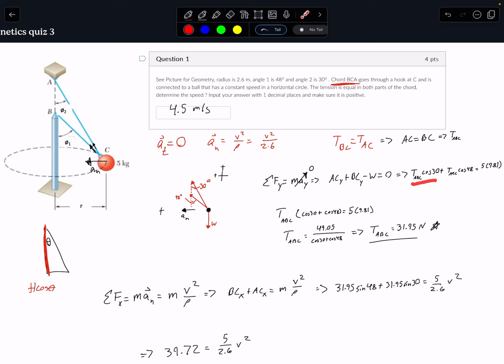It doesn't really matter which order we put, because tension is the same in both. Then that is equal to the weight, which is the mass times the acceleration of gravity. Then do some more algebra, take the tension out, and divide by that on both sides, and we get the tension of ABC is equal to 31.95 newtons, which makes sense, I guess.